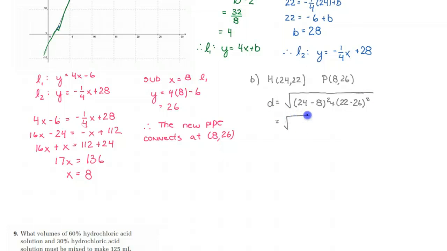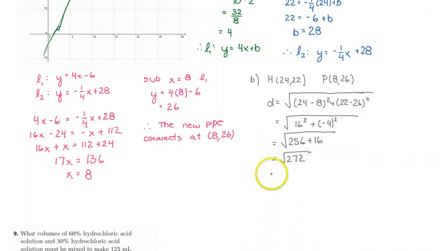So the square root of 24 minus 8 is going to be 16 squared plus 22 minus 26 is minus 4 squared. 16 squared is 256 plus 16, we get 272.